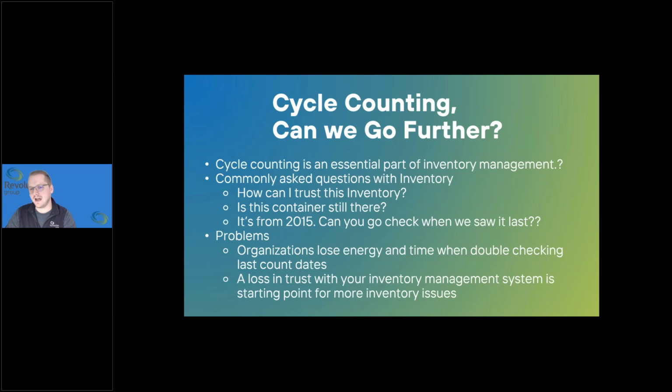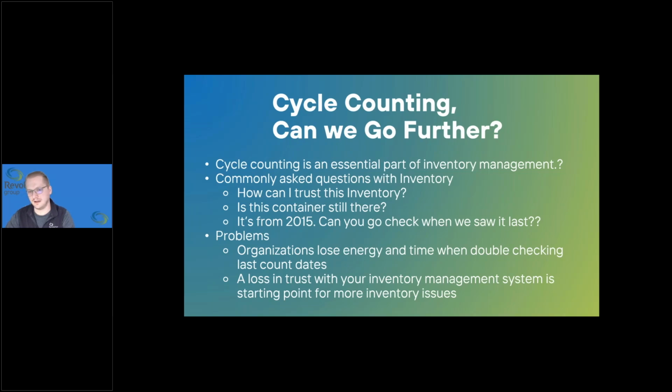Which, as you can imagine, with some materials departments, that could take you from just looking at the last cycle counts or the last container to see when you last saw it, or it could be the extreme of, well, you're going to head right to the floor because you don't trust what you see inside of Plex, and you're going to go get eyes and hands on that material.